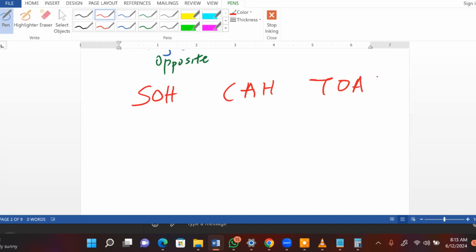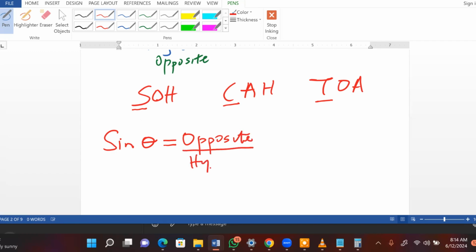The first acronym starts with S, the second starts with C, and the third starts with T. The first one, S, means sine theta equals, where O means opposite, all over hypotenuse.